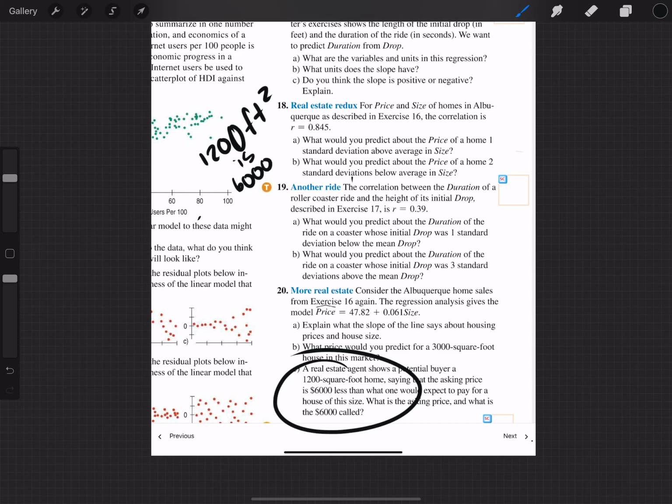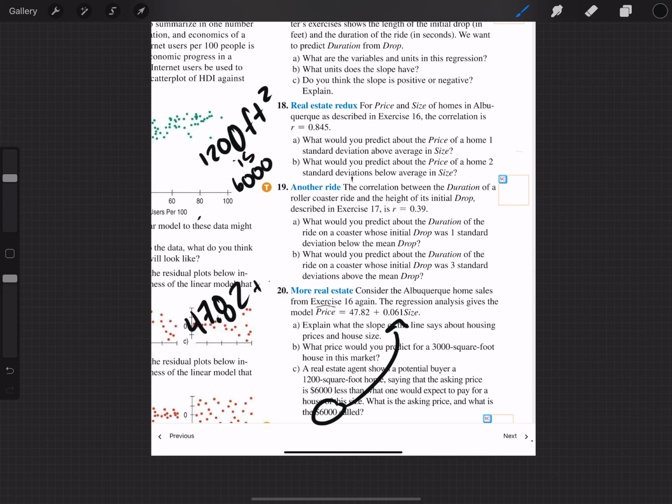Okay, so you're saying that it is $6,000 less. What we're going to do right now is actually test that. We're going to take 6,000 and plug it in. So I get 47.82 plus 0.061 times 6,000.